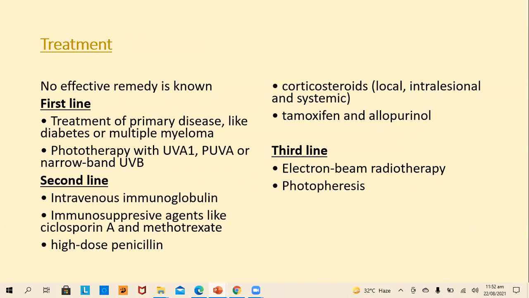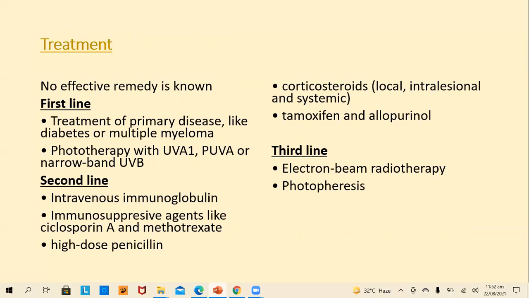Treatment: there is no effective remedy. However, the first-line treatment includes treatment of the primary disease like diabetes or multiple myeloma, along with phototherapy with PUVA, UVA or narrowband UVB.